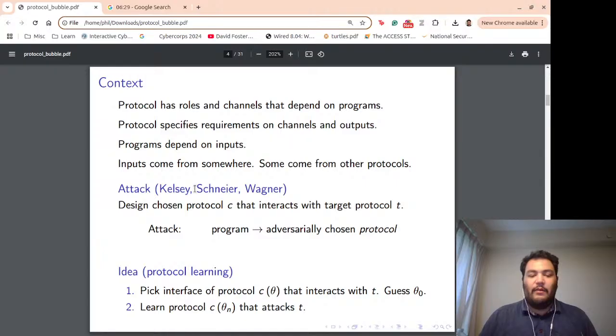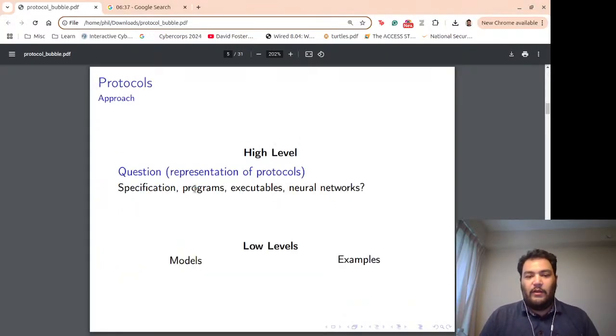In the second step, you're going to actually learn the optimal strategy for attacking the target protocol. Okay, so this talk is going to happen on two levels. The first is the high level. We're going to talk about what exactly we mean by protocols. And there's a bunch of different meanings.